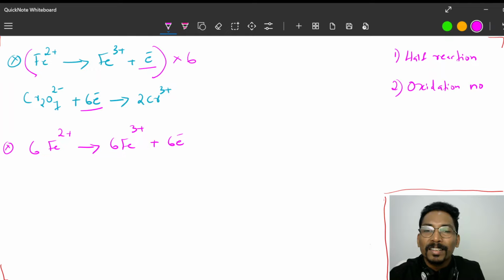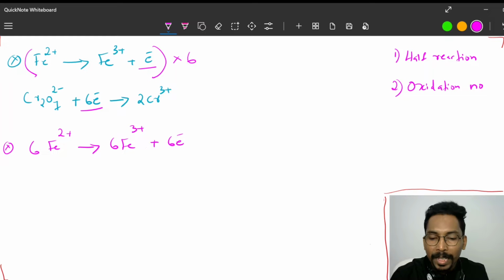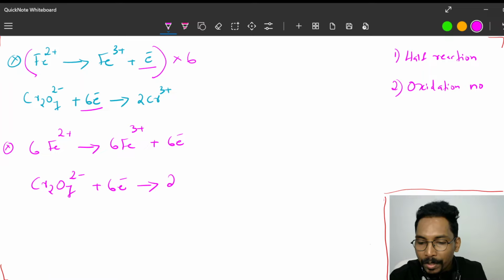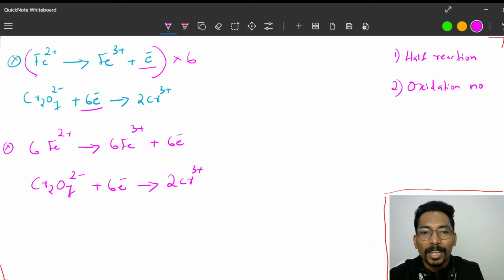Now you made the first equation also with 6 electrons, and the second equation will be the same: Cr2O7 2- plus 6 electrons gives 2 Cr3+. Clear? So now in both cases that is 6 electrons.